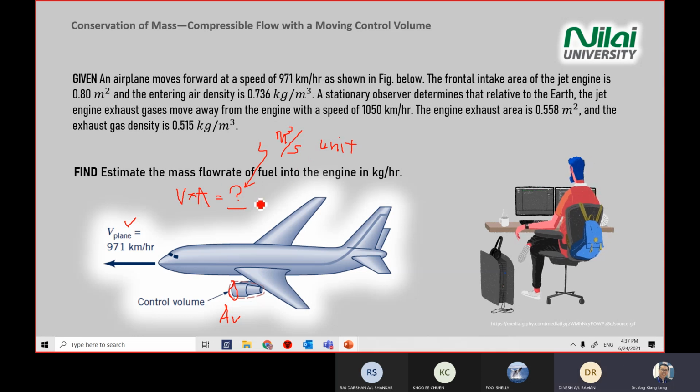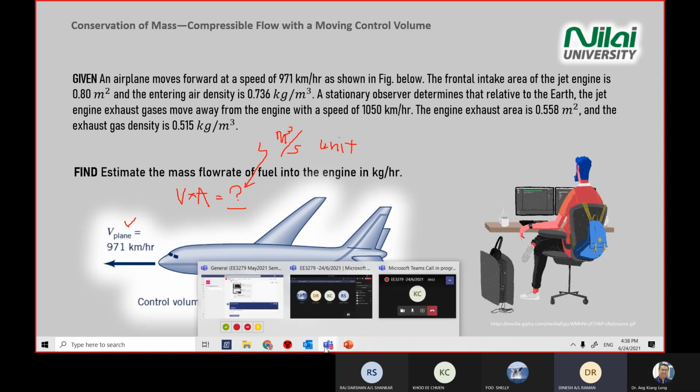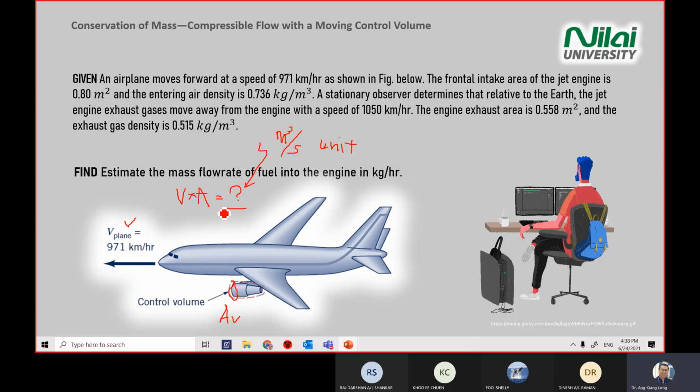You tell something about what? What's the name of these products? Raj, are you there? Vector, sir. Raj, are you there? Yes, sir. Okay, Raj, what is the product that we call when we take velocity times area?